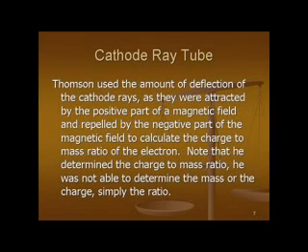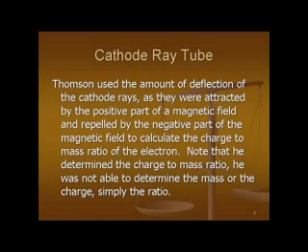Thomson also used the amount of deflection of the cathode rays as they were attracted by the positive part of a magnetic field and repelled by the negative part of a magnetic field to calculate the charge to mass ratio of the electron. Note that he determined the charge to mass ratio. He was not able to determine either the mass or the charge, simply the ratio of the two.